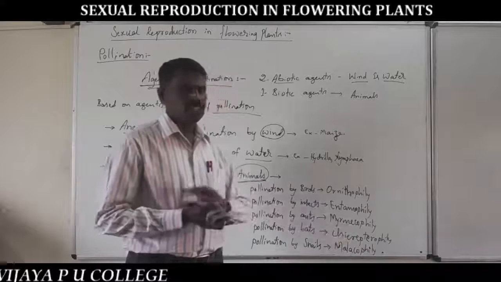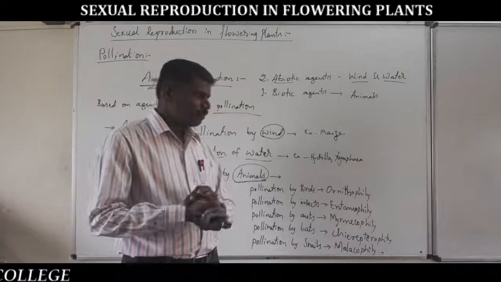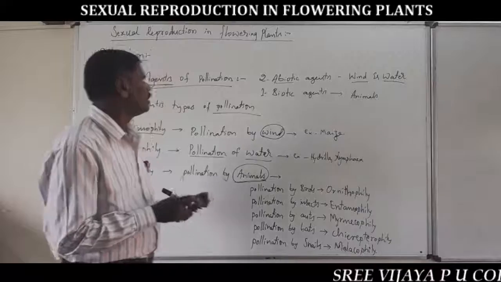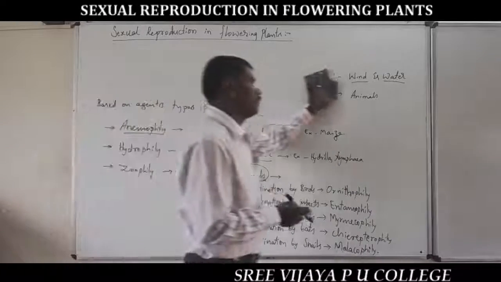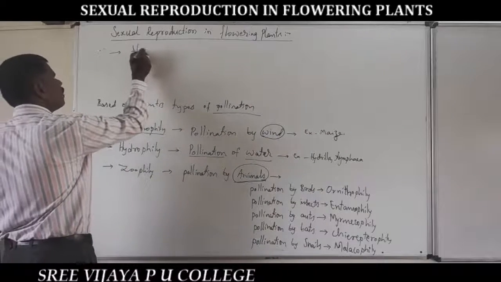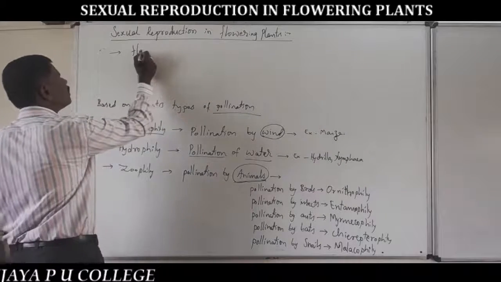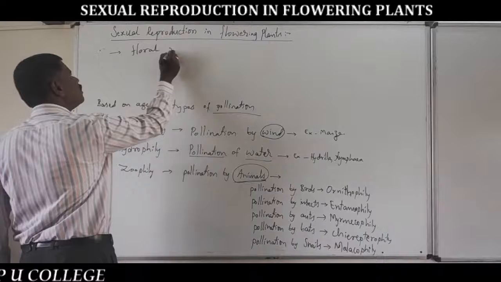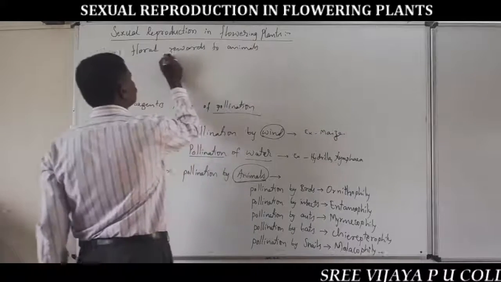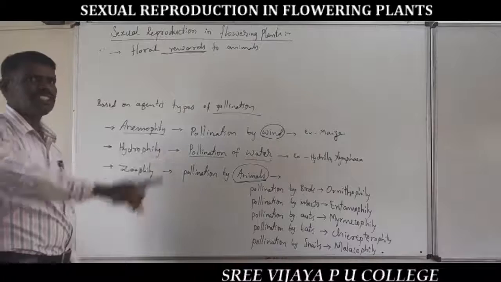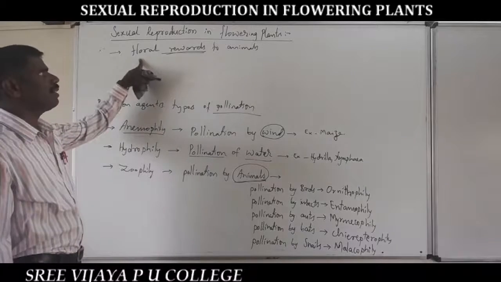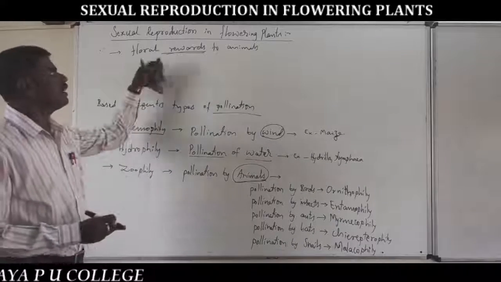So, which are the agents? These agents visit flowers for their own benefit, and sometimes the flowers provide what we call floral rewards to animals. When an animal visits a flower, the flower produces certain benefits, which we call flower reward or floral reward, and the animal gains that reward.